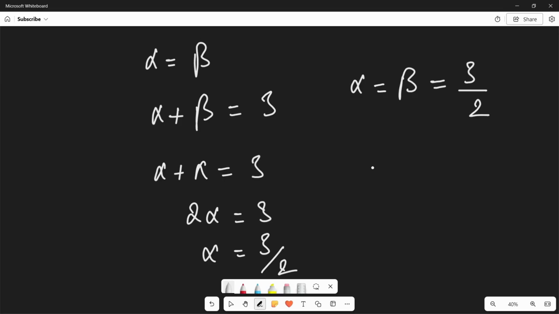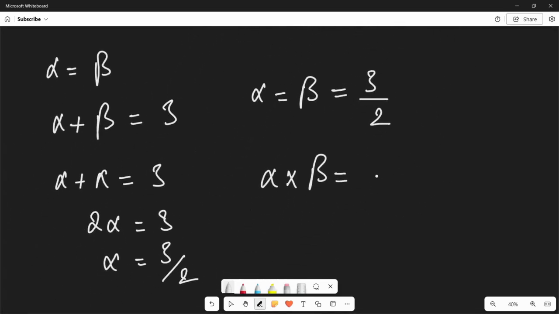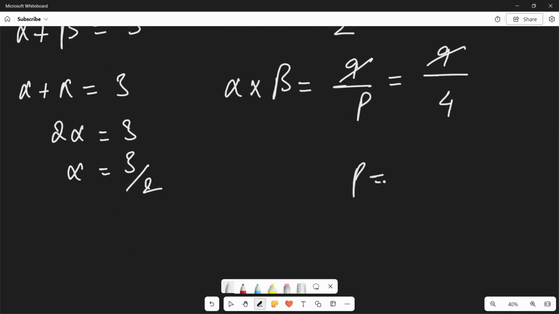We also know the value of alpha into beta, that is 9 by p here, and that is equal to 3 by 2 into 3 by 2, that is 9 by 4. And from here we get the value of p as 4.